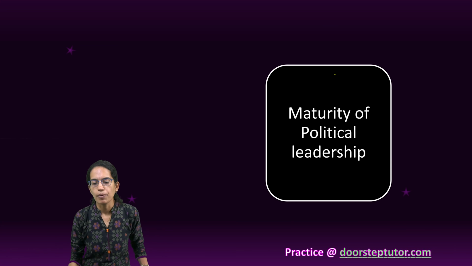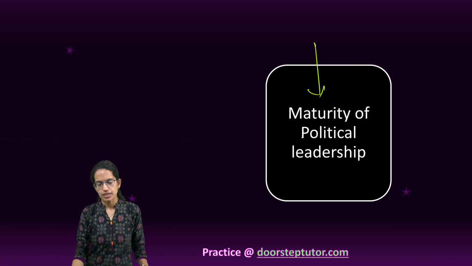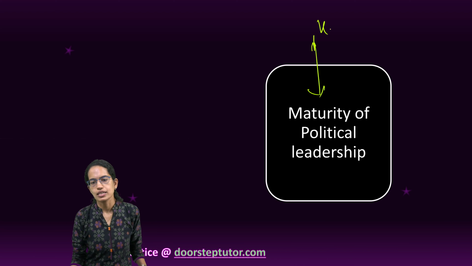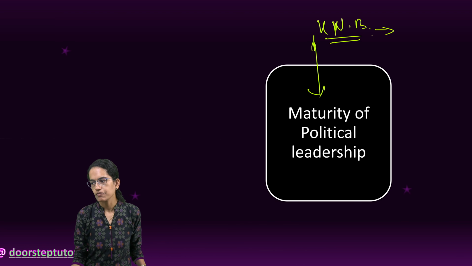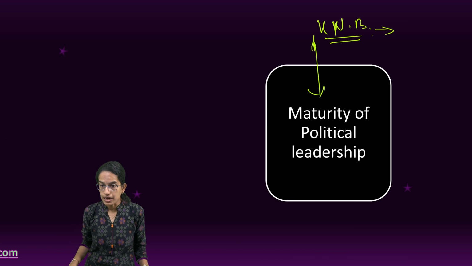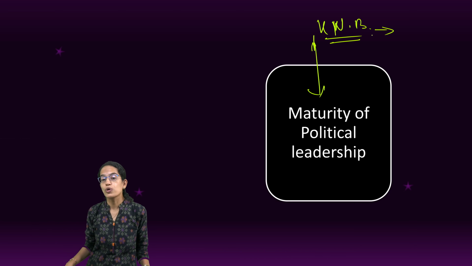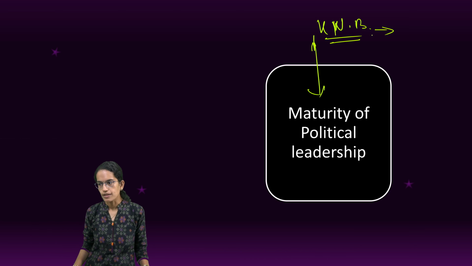And when we talk about the maturity of the political leadership, the Keshavananda Bharati case is a classic example, because there were attempts made to ask the court to reconsider the rulings which were given.